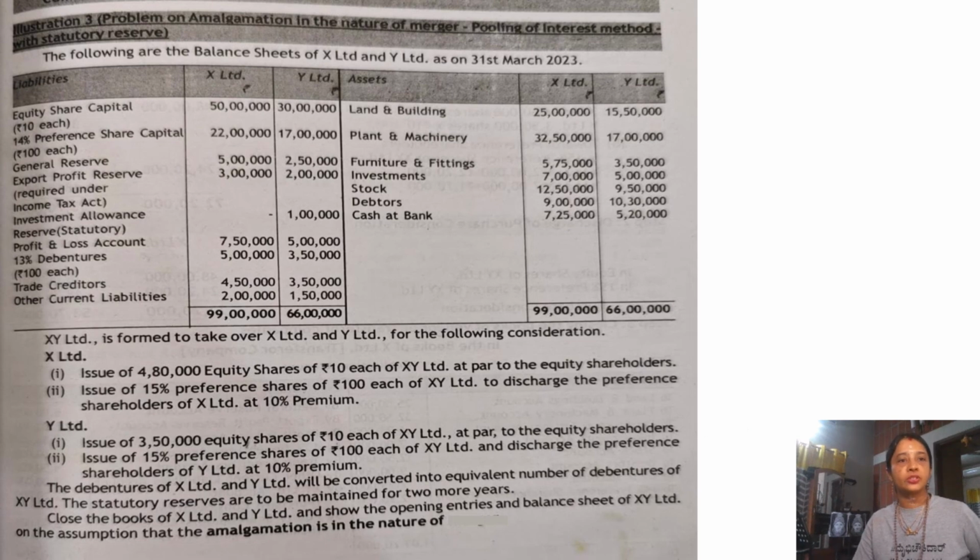Now this is the question. First, in examination, you need to read the entire question from the beginning till the end. So here we will be doing amalgamation in the nature of purchase. You have these liabilities on the left hand side.